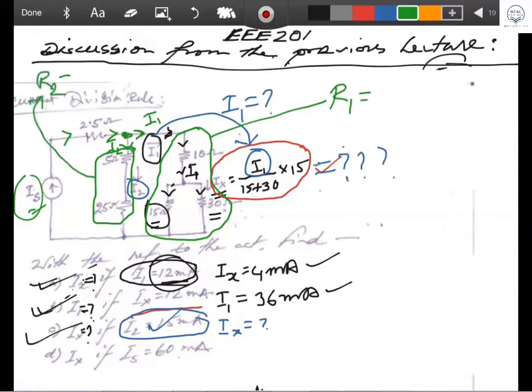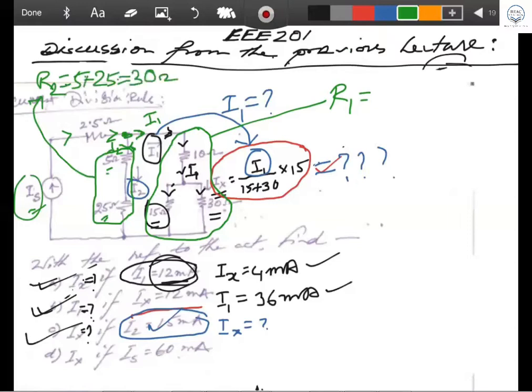R2 equal to what? Any child can understand. R2 is nothing but this 5 ohm and this 25 ohm in series. So 5 plus 25 gives you 30 ohm.